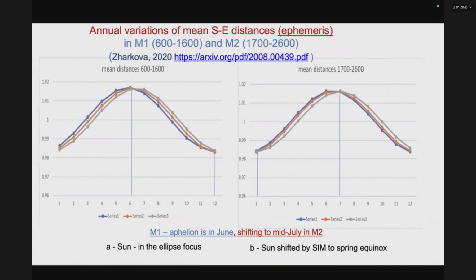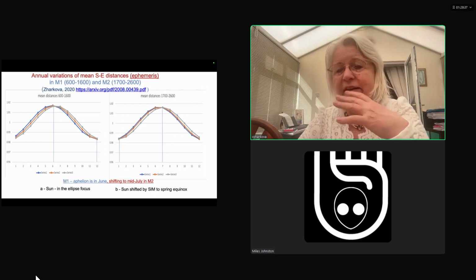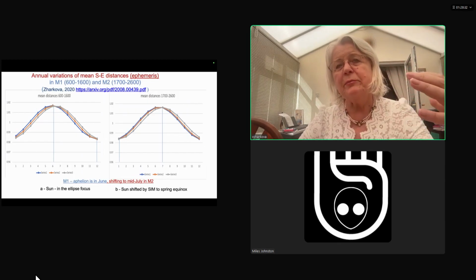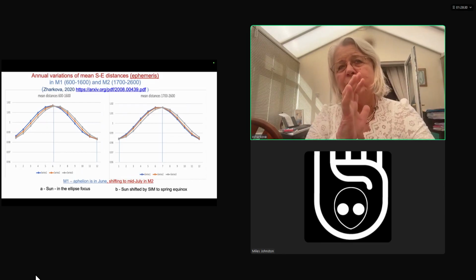So basically, this is the reason why we have this global warming, because the sun becomes closer and heats the atmosphere. It doesn't only heat the northern hemisphere. In March, the part of the Earth which is inclined to the sun is actually the southern hemisphere and equatorial region, which is mostly ocean.